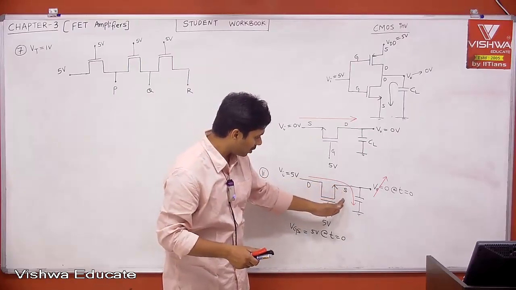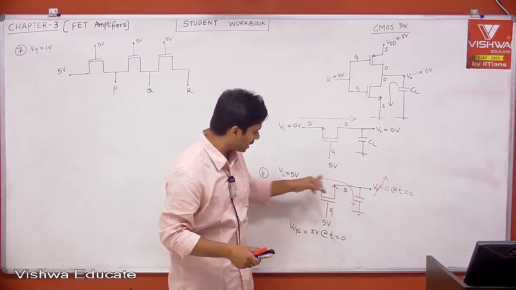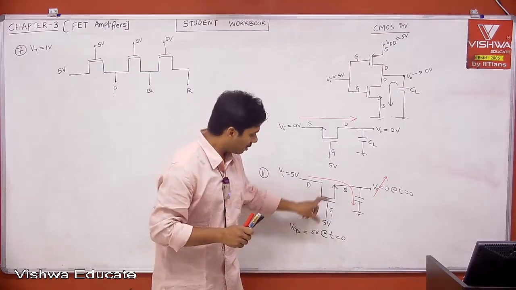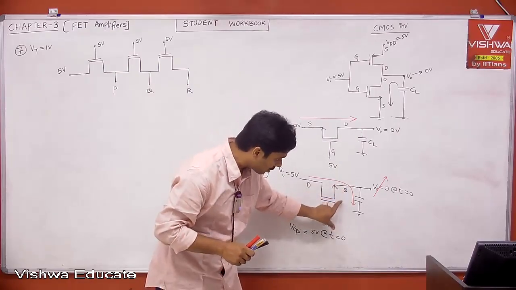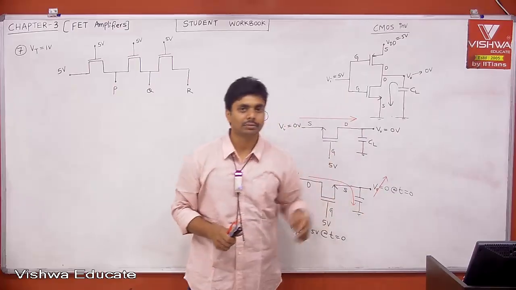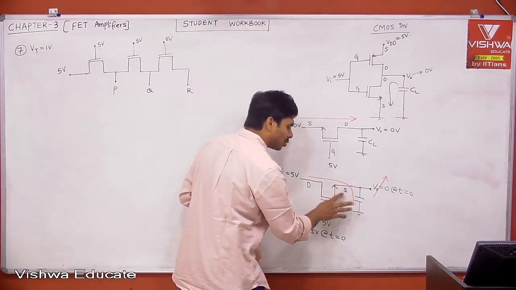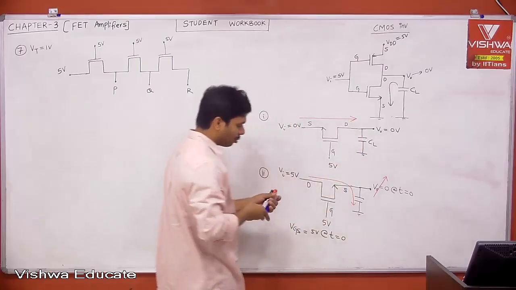The minimum gate to source voltage required to form the channel is the threshold voltage. Let us say threshold voltage is 1. Therefore when VGS is less than 1 volt, your transistor will be off. Therefore the maximum source voltage can go up to 4 volt only, not more than that.